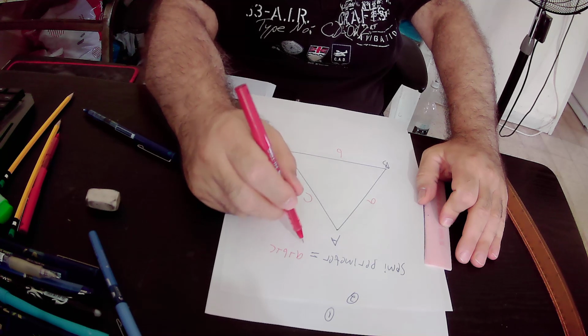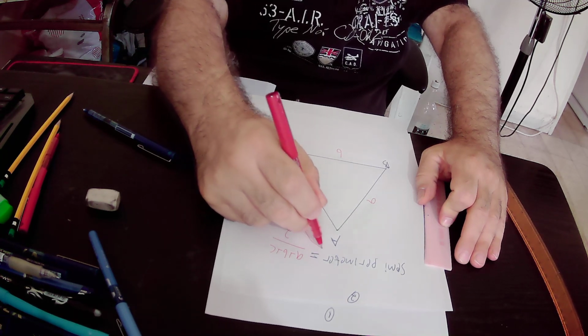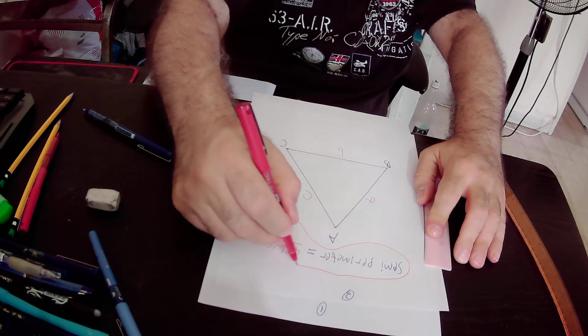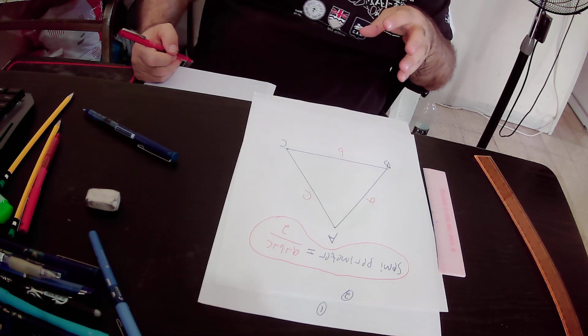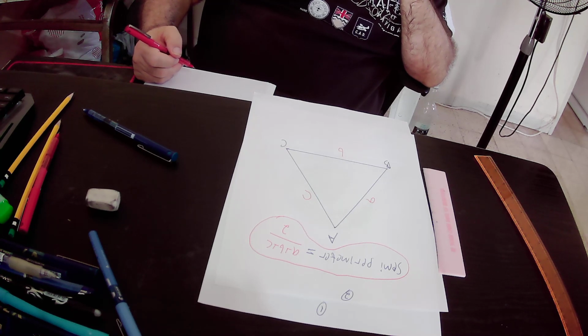It is A plus B plus C over 2. Okay? So the semi-perimeter of a triangle is the perimeter of the triangle over 2.